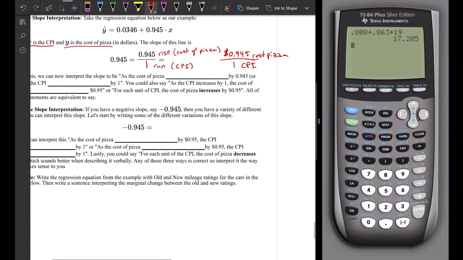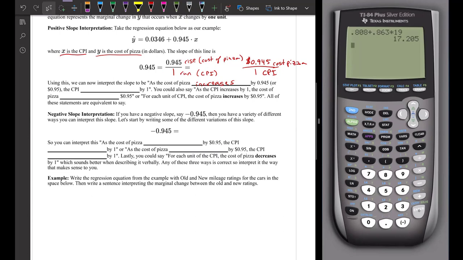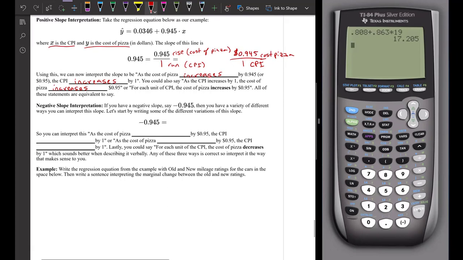So as the cost of pizza increases by 95 cents, the CPI, you can say, increases by 1. You can also turn it around and say it the other way around, like CPI first. As it increases by 1, the cost of pizza also increases, or sorry, increases by 95 cents.